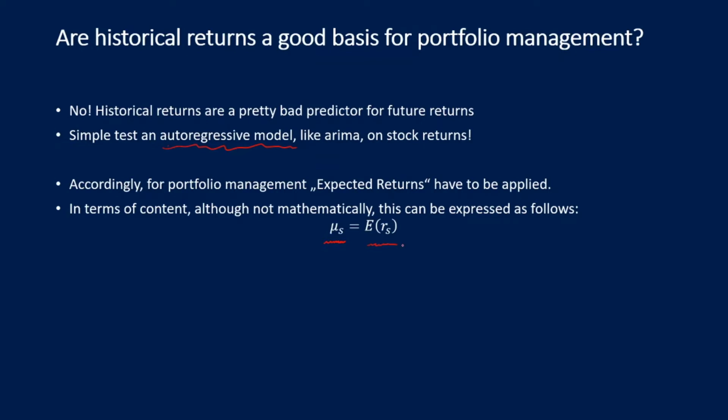And this is what portfolio management is mainly based upon. We cannot measure mu s by historical data. Although I would sometimes do this during this course, just to have some numbers, nevertheless, I would never rely on that.